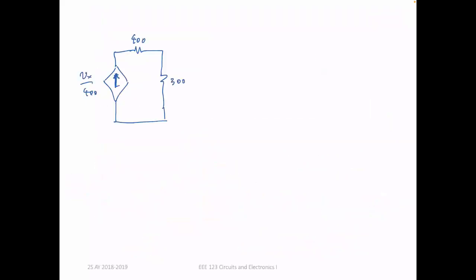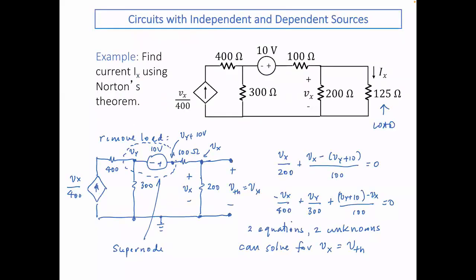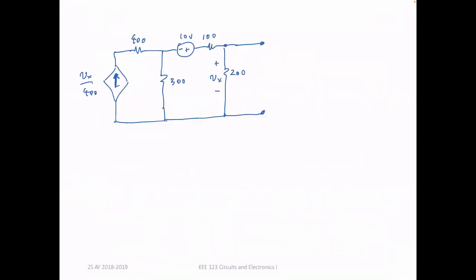Then 100, 200. Okay, so these are my load terminals. So what is the next thing that I have to do? I have to short this and get the value of ISC, which is equal to I sub n.